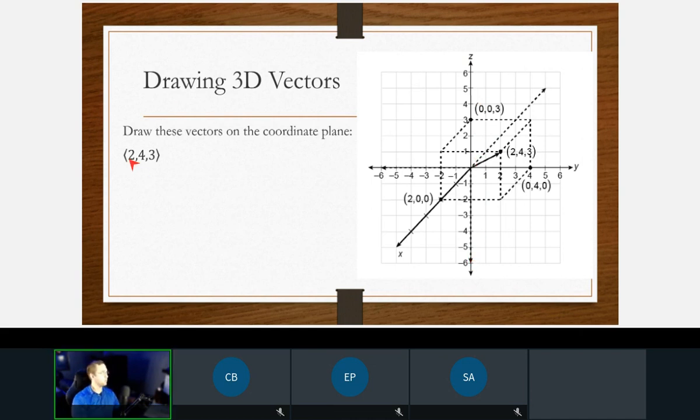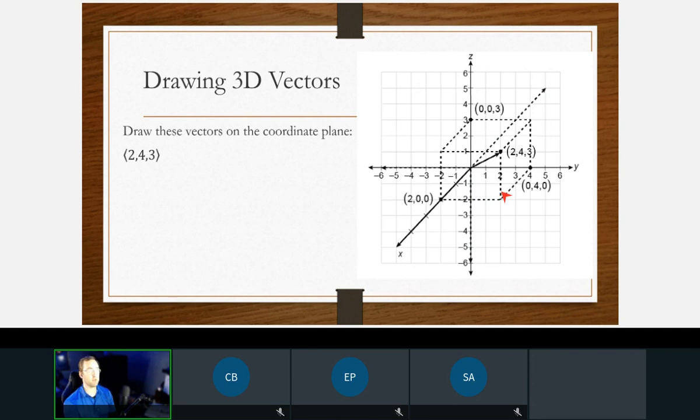All right, so plotting the vector <2, 4, 3>. In the x direction, you're going to go 2 units positive. So we have 1 and 2. And then the y is 4 units. So we go to the right 4. 1, 2, 3, 4. And then the z is 3.